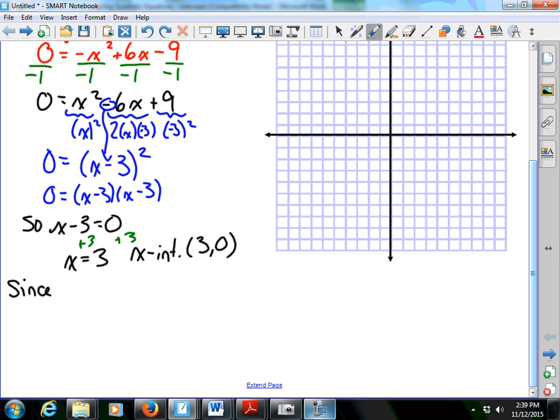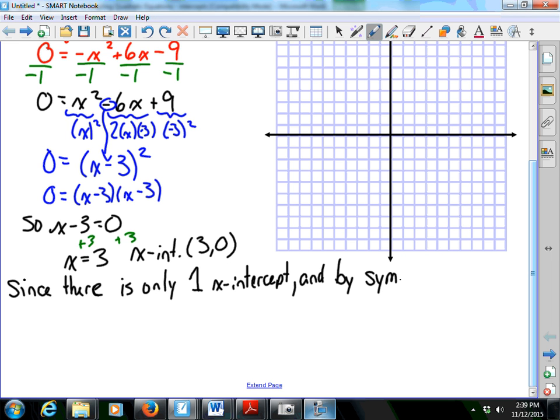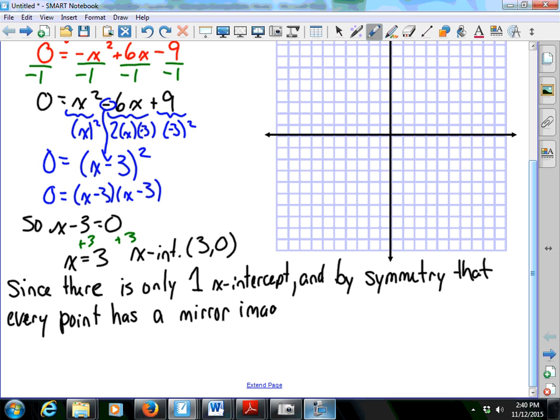So since there is only one x-intercept, and by symmetry, every point has a mirror image point, this must be the vertex.